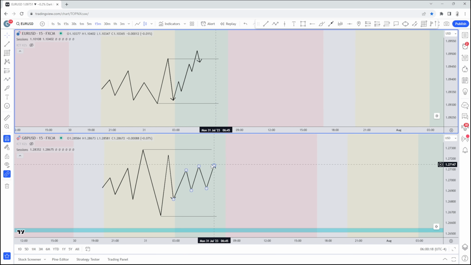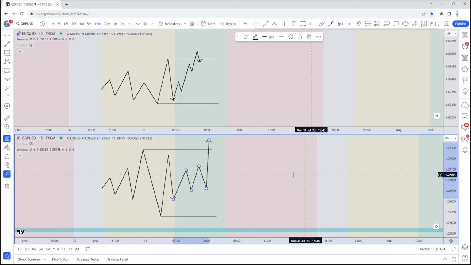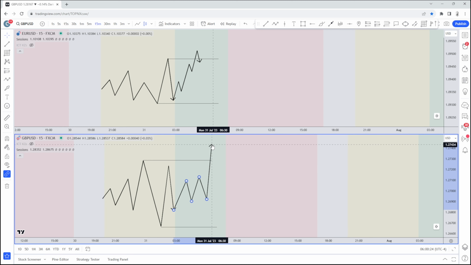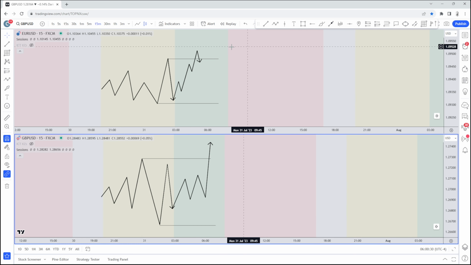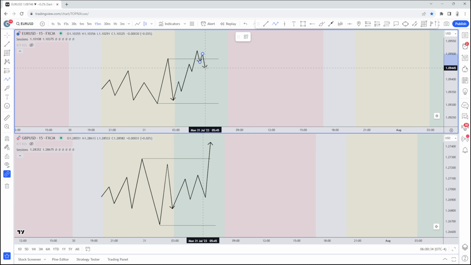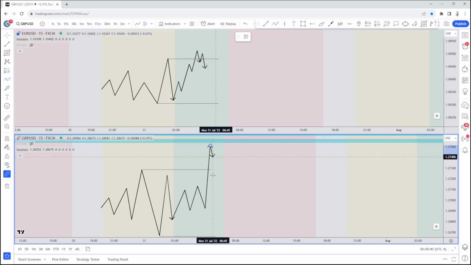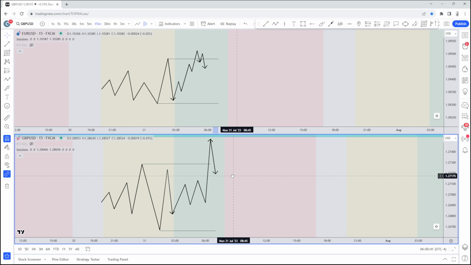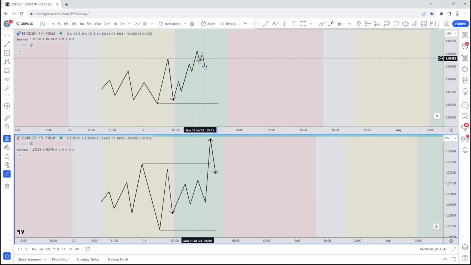Now if both sweep liquidity, we're either going to be trading the weakest for a sell or the strongest for a buy. This means that if one of the two just sweeps a little bit of liquidity and then changes character, but the other one goes a lot above and then changes character, we're going to be using the one which swept liquidity a little bit.